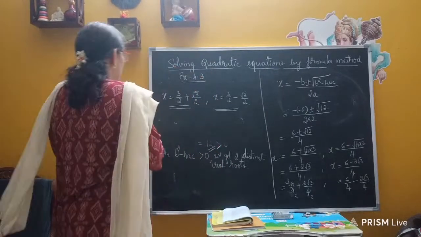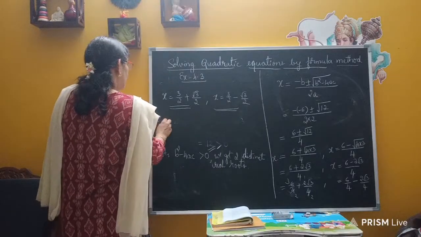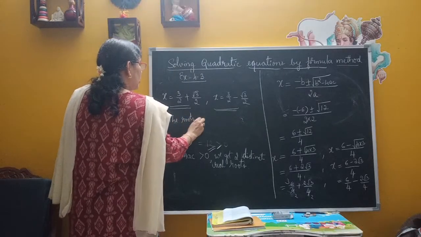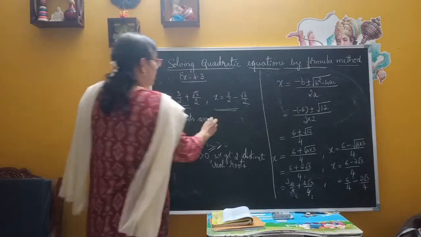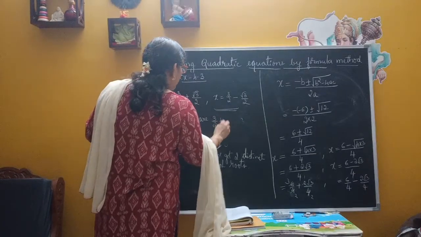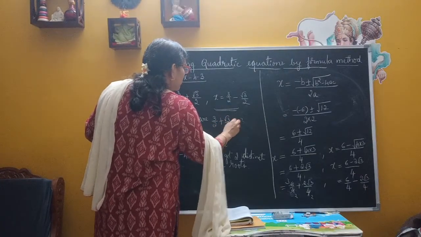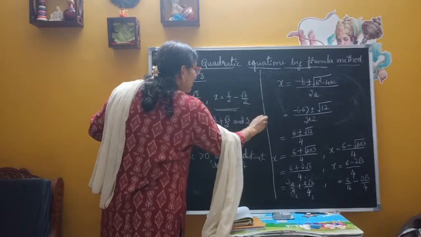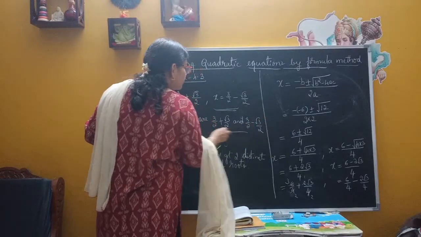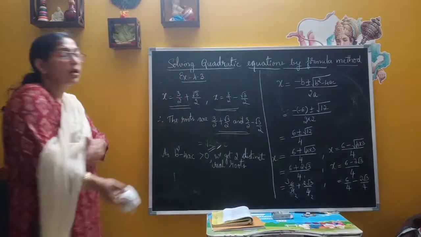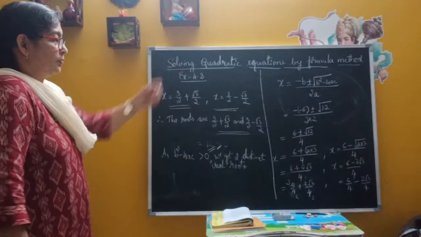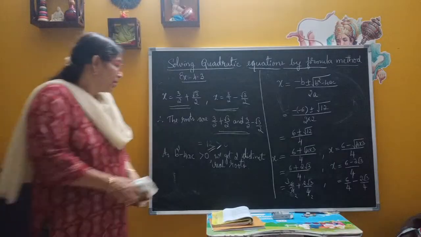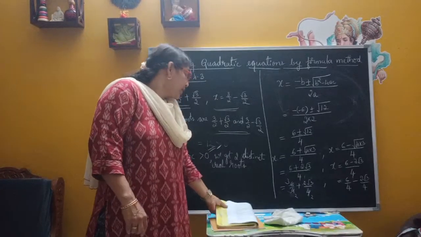Therefore, the roots are 3 by 2 plus root 3 by 2 and 3 by 2 minus root 3 by 2. These are two distinct roots. Now, let us go with the second main.